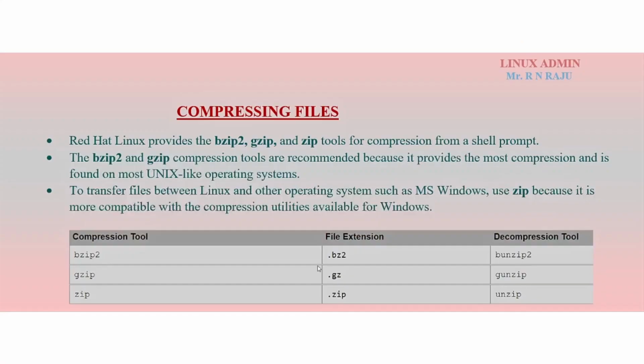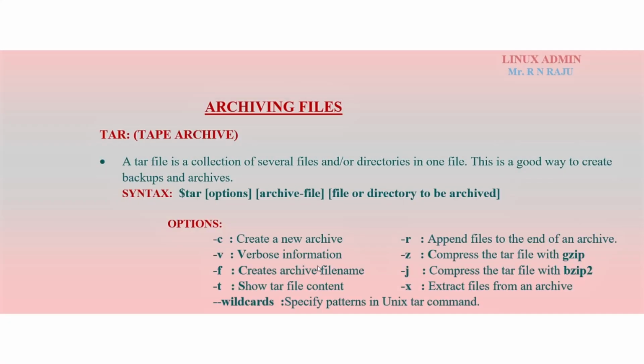And now the very important thing, and next in the environment, archiving files. So now I will tell you how to take backups in the real environment with the help of tar file. So actually tar full form is tape archive. So what is the definition of tar?